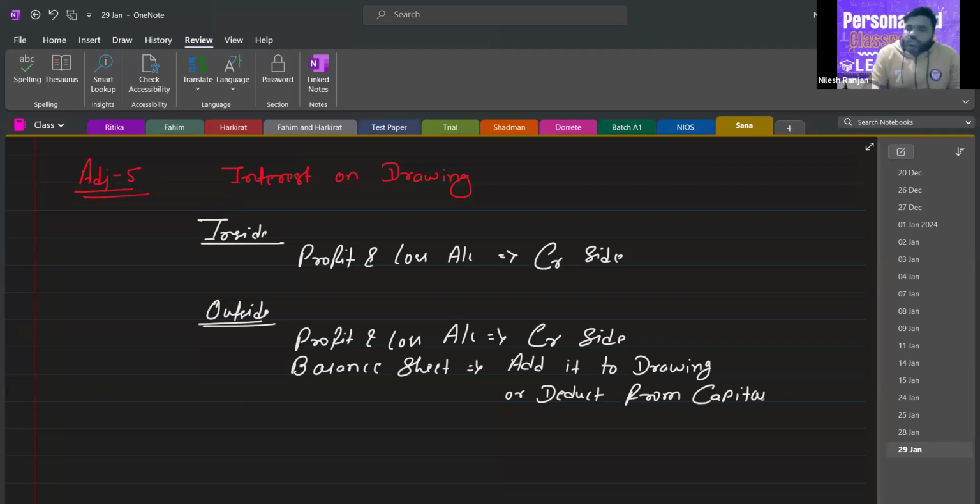Because if you add it to drawing, drawing will be deducted from the capital. So interest on drawing is automatically deducted from the capital because it is added to the drawing. Or you can directly deduct it from the capital. So both things are same.